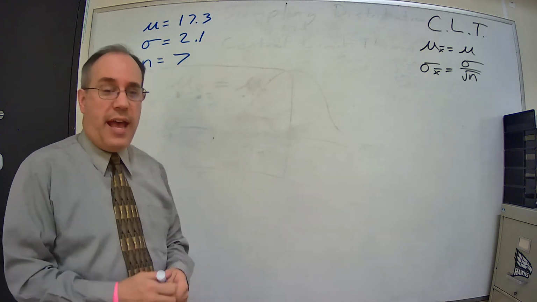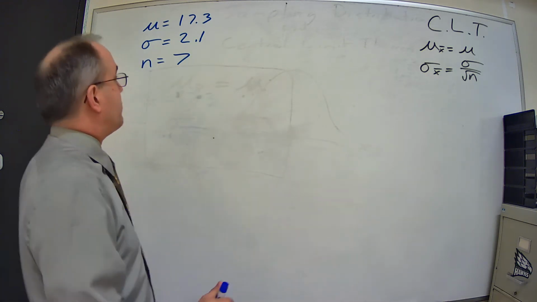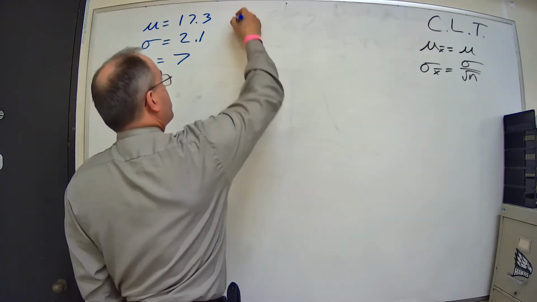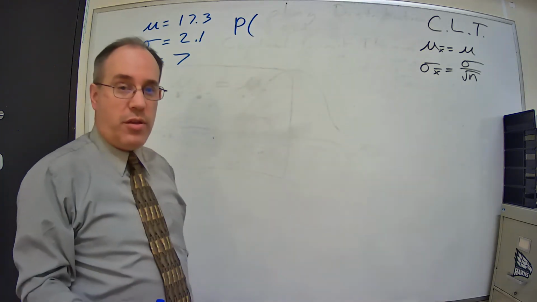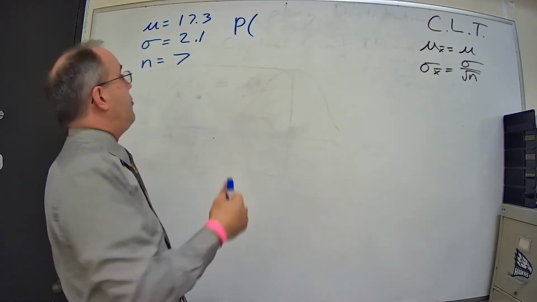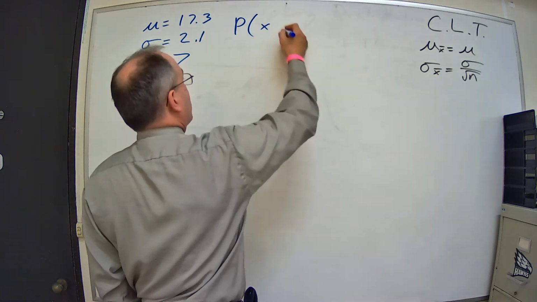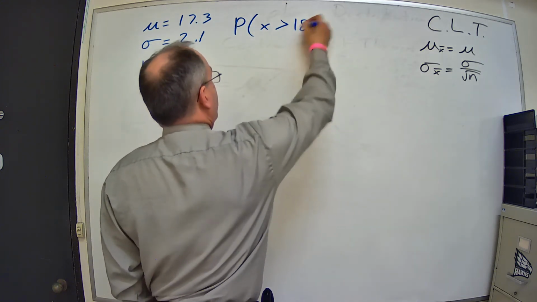And I'm going to ask the following questions. From this distribution, what is the probability that a random item selected from this distribution is greater than 18?